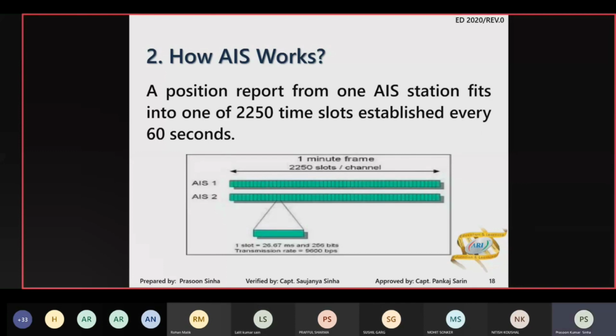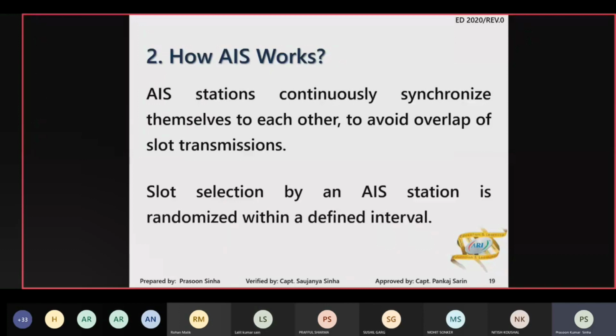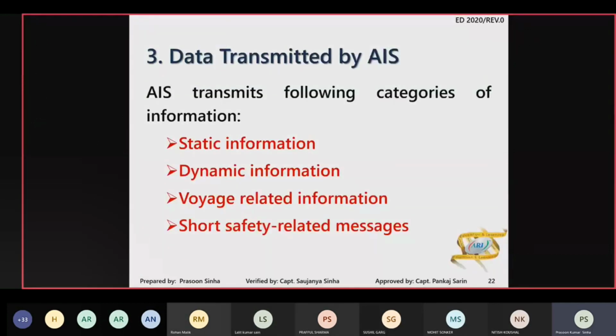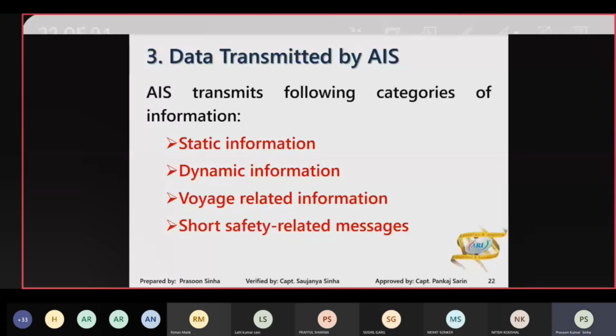But before we go here, we would like to go to the data transmitted. Once we complete this, then we'll go to the SOTDMA a little bit more in detail. So the navigational parameter, the identification is split into 3 categories basically.